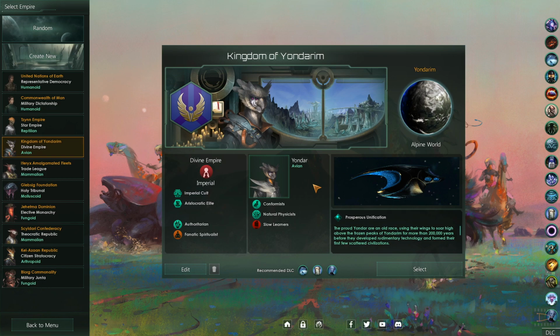I just want to see all this information one time, and I won't have to do this again. So you just have to think about if you are into role playing. I'm not an RPG player, so I'm probably just going to go with the United Nations of Earth. I just want to see what the other empires are, because the way I understand it, whatever I don't pick, these are the ones that I will be dealing with throughout the galaxy. I will be encountering these species.